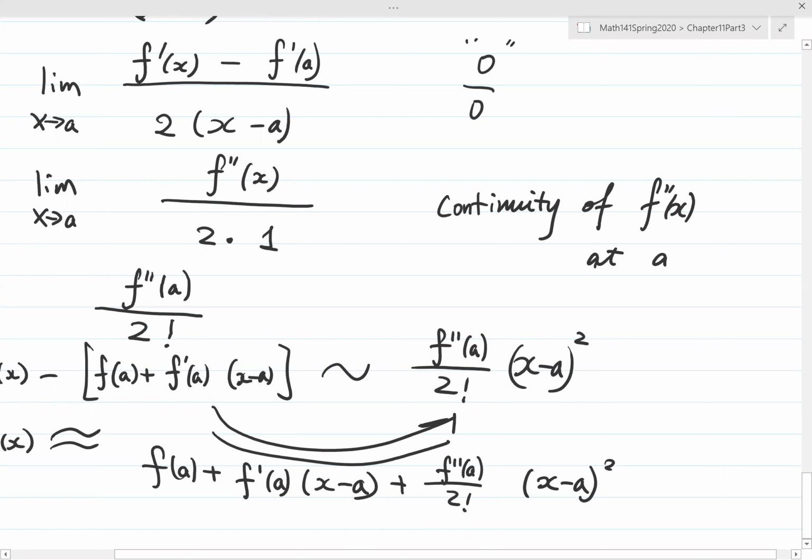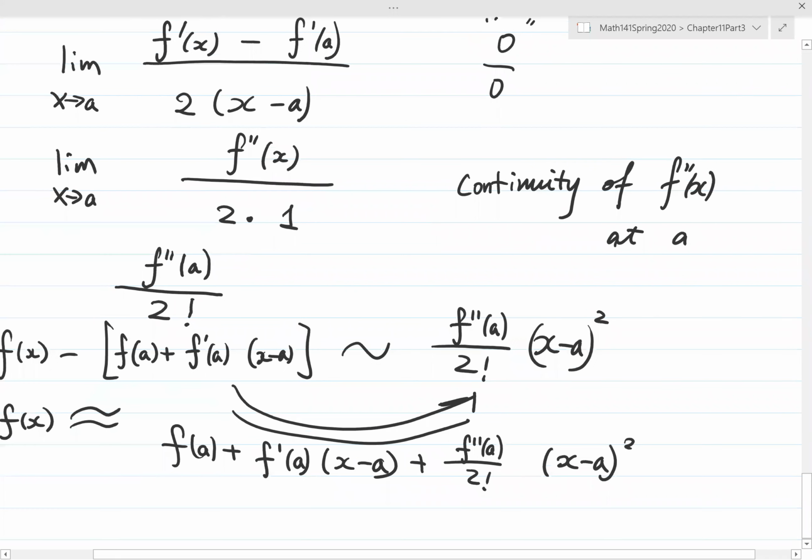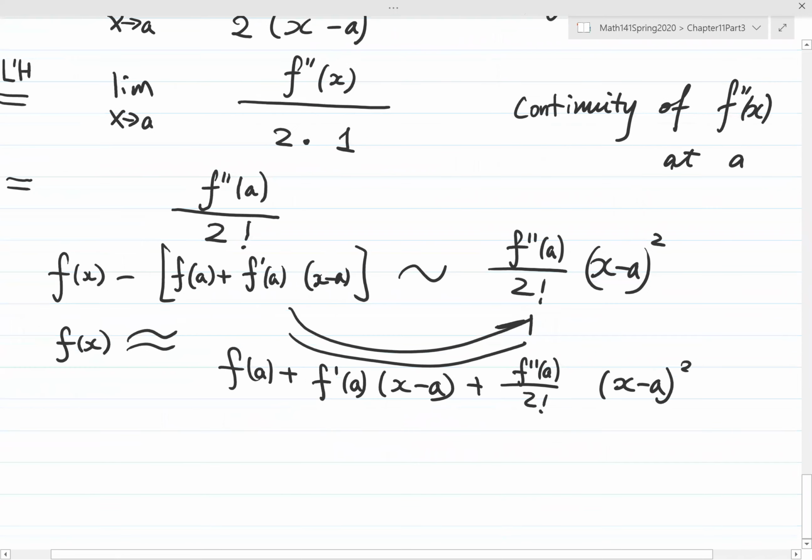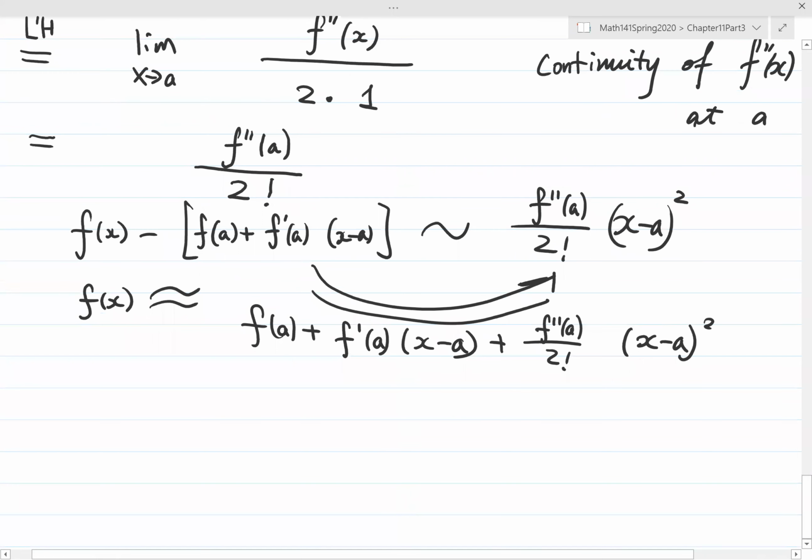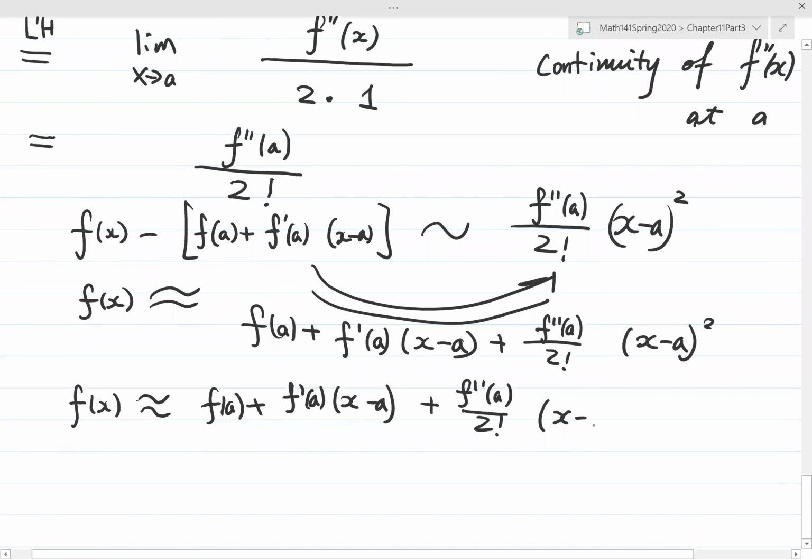The drawback of this approach is we don't have control of the error term. If you do degree 3, with (x minus a) to the power 3, then you get f(x) is around f(a) plus f'(a)(x minus a) plus f''(a) over 2 factorial (x minus a) squared.